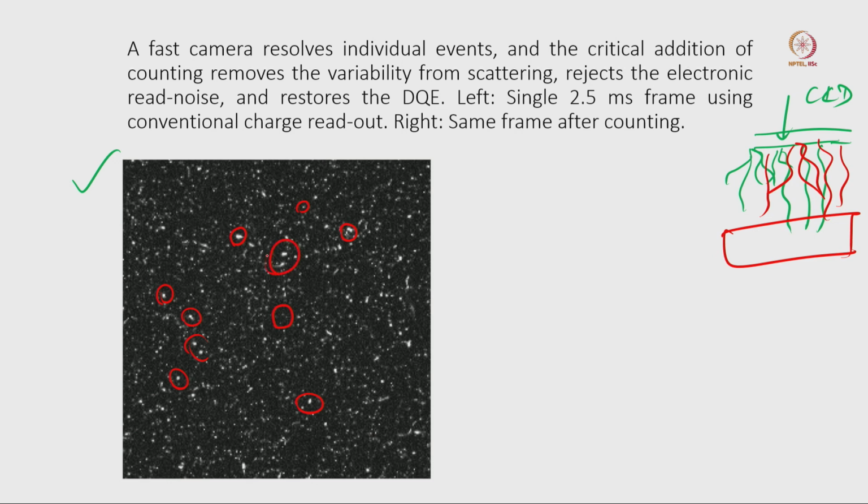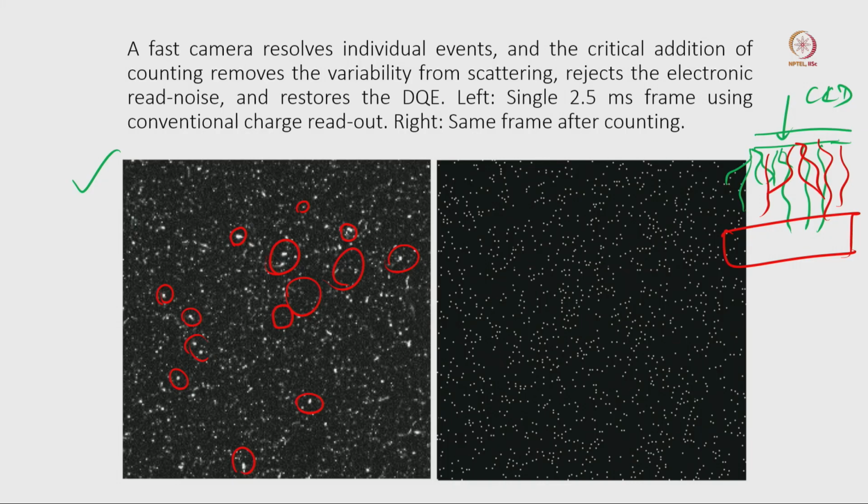In some areas it is distributed with very strong intensity, and in some areas the distribution is very weak. But when you have a direct electron detector, you can see there is a bright spot here, but most of the bright spots are very uniformly distributed, because there is a sensor and immediately there is the readout.